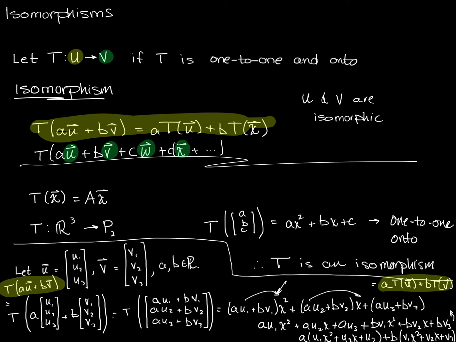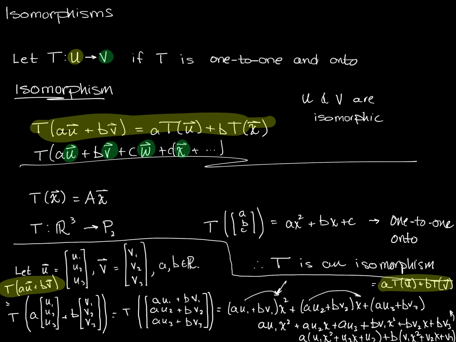So an isomorphism preserves scalar multiplication, a combination of scalar multiplication and vector addition, right? It preserves that. It preserves bases. In other words, if you know you have an isomorphism and you transform a set of basis vectors from your domain, you'll end up with a set of basis vectors from your codomain.